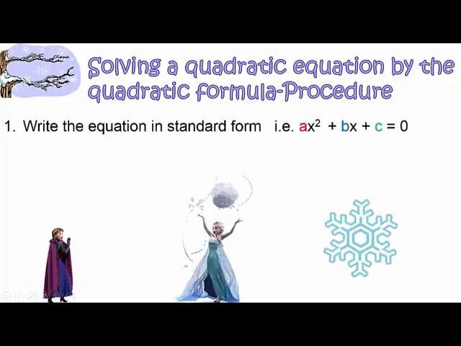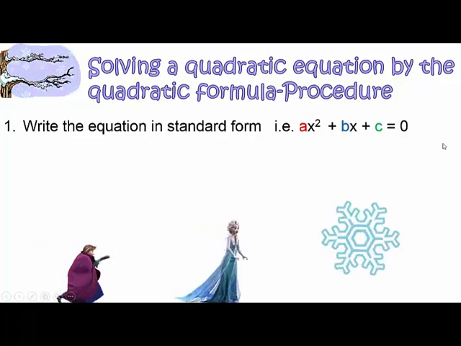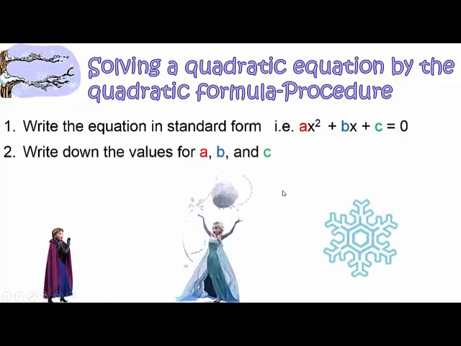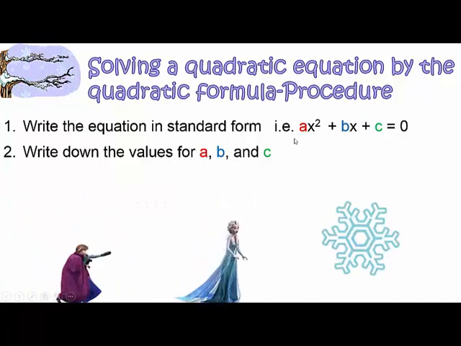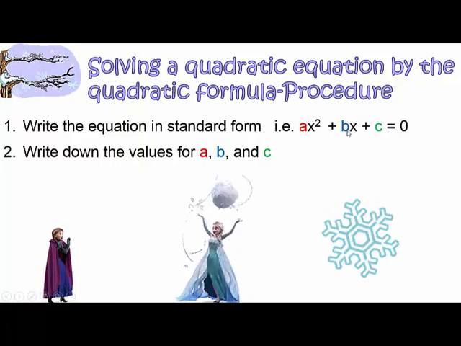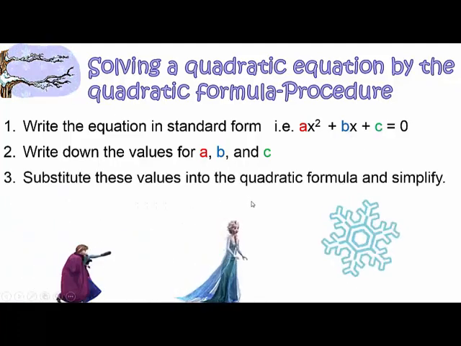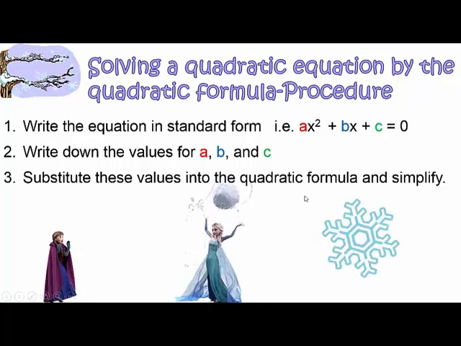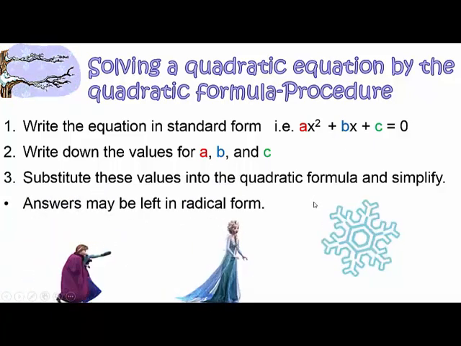So as I said, we first write our equation in the standard form. We then find the values of this equation. Once we get it in standard form, what is A, what is B, what is C, and then we substitute these values into the quadratic formula and simplify as much as we can.